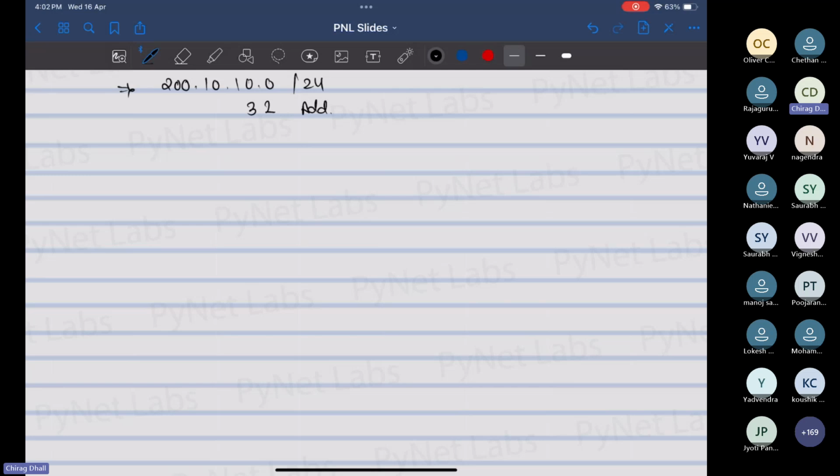This time we are provided with the network 210.10.0.0 with a requirement of 32 addresses. For 32 addresses, if I look at the bits, 2 raised to the power 5 can give me 32 addresses. But can I continue with that?